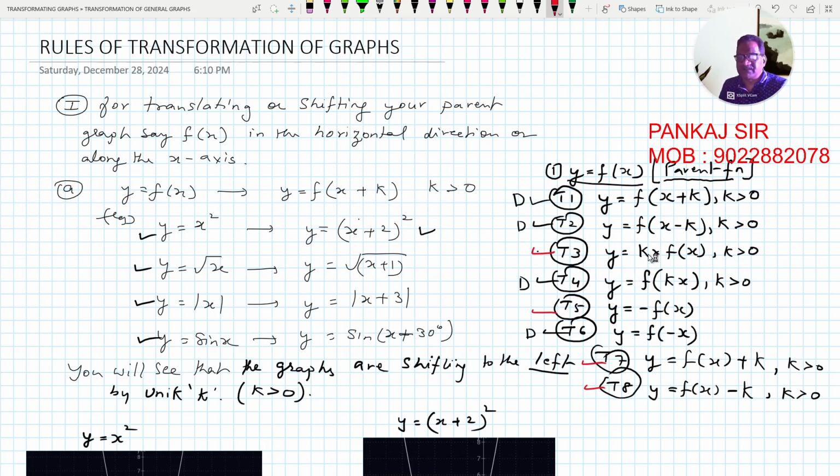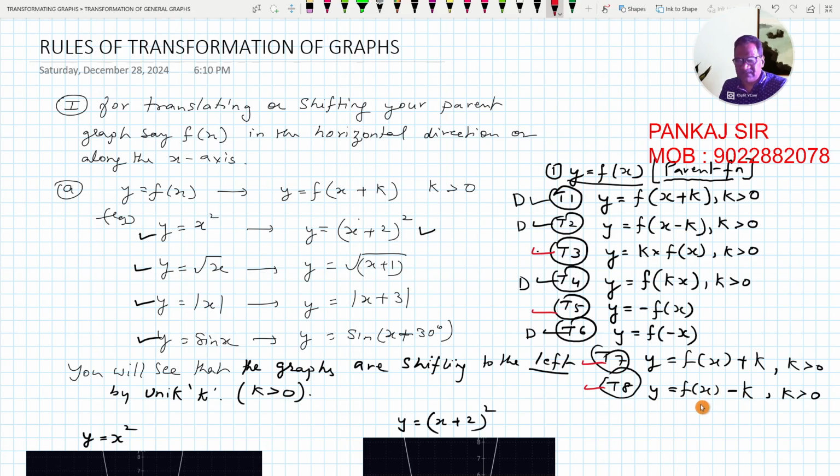Can you see that k is being multiplied with f(x) outside? Then a minus sign is put to f(x) from outside. Again here y = f(x) + k, here k is being added to f(x) from outside, and here also k is being subtracted from f(x).